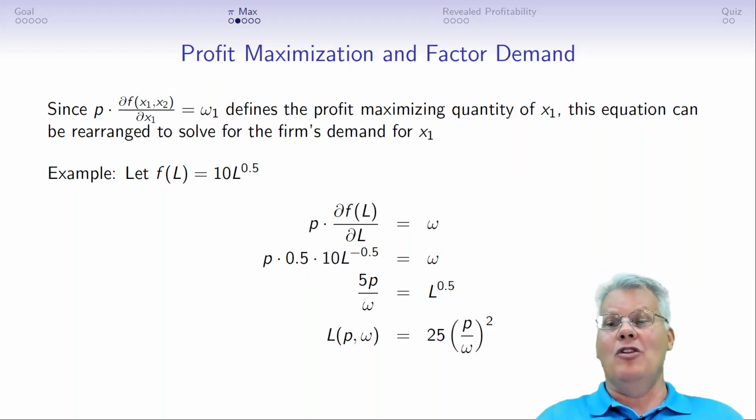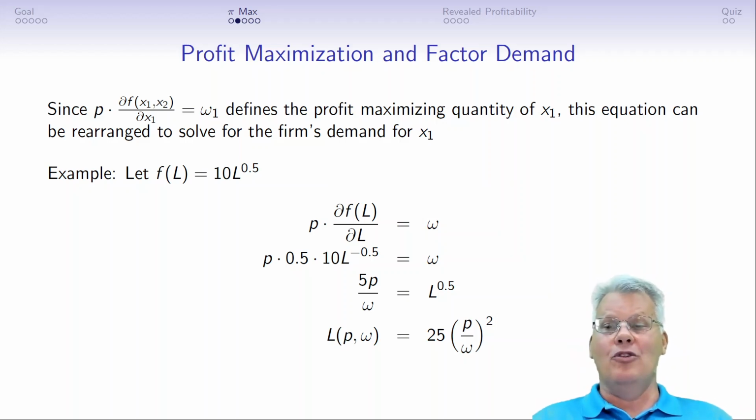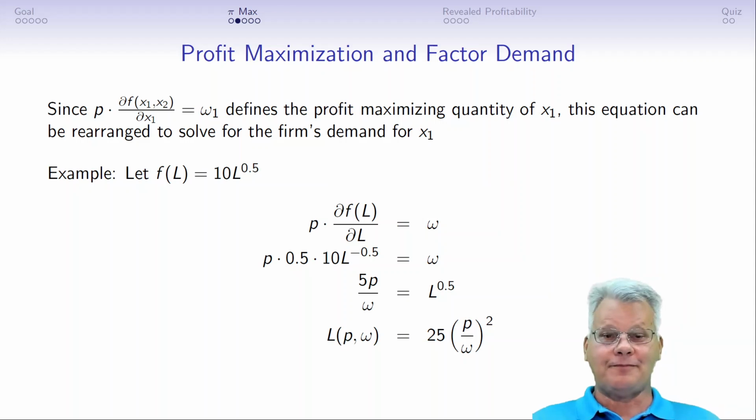As an example, I have here a simple production function. F of L is equal to 10L to the 0.5.